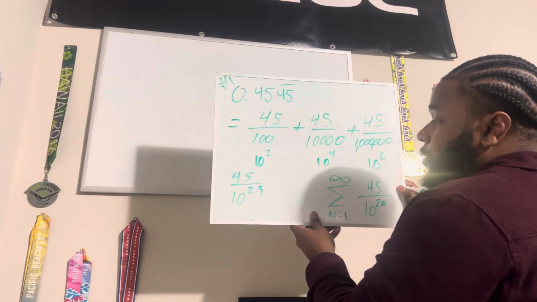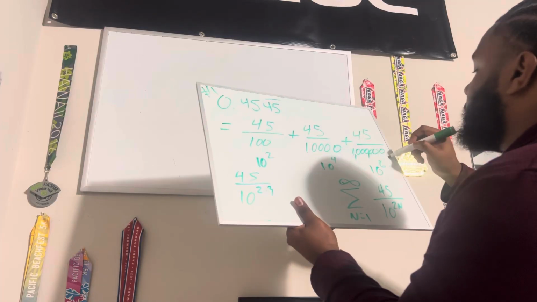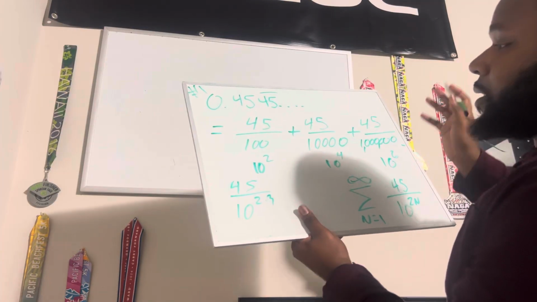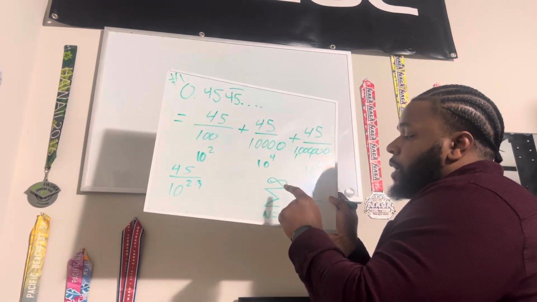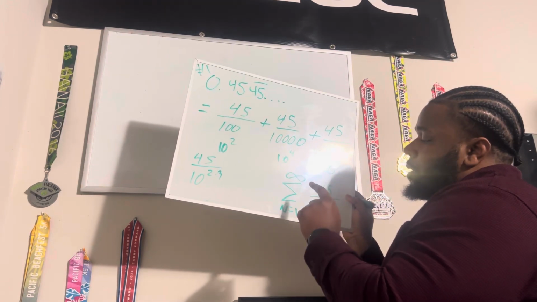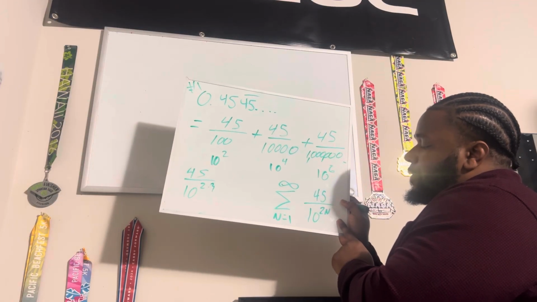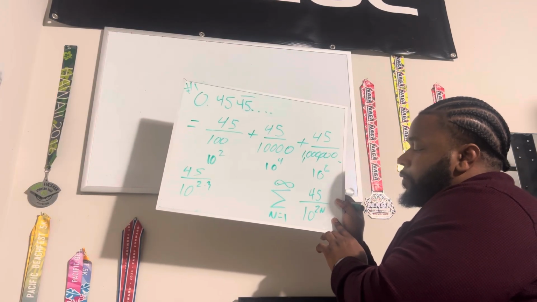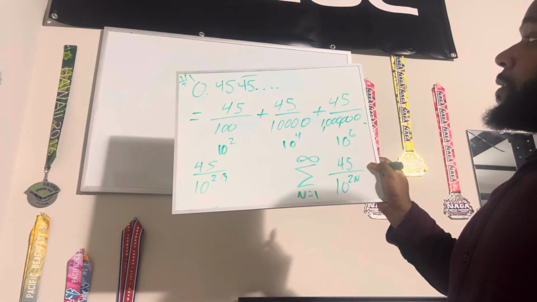And then this, of course, continues. And yeah, the answer is, as n approaches infinity, it's going to be 45 over 10 to the 2n. And that is the answer for number 1.